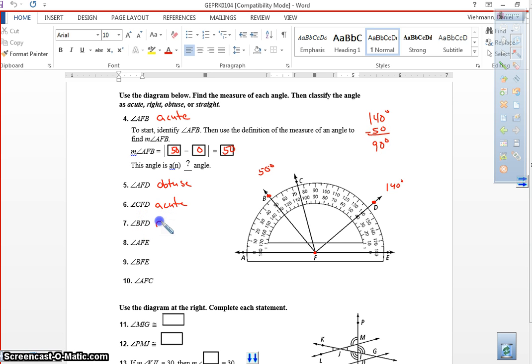So if it's a 90-degree angle, it's a right angle. Questions? All right. Angle AFE. That's 180 degrees, so that is a straight angle.